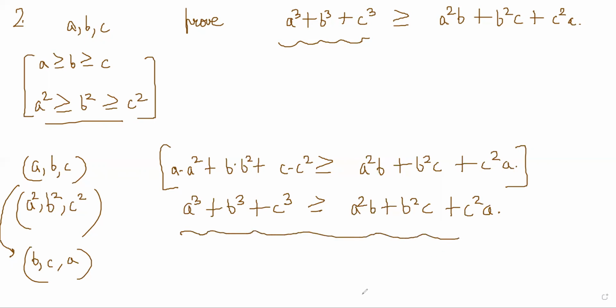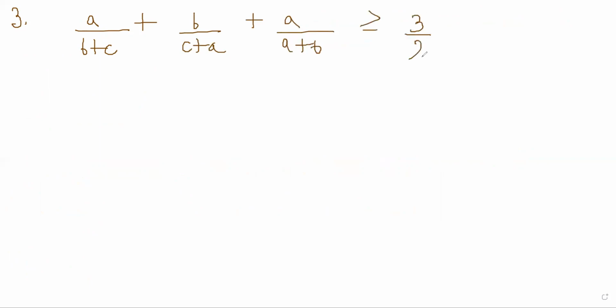Let's see another couple of examples on rearrangement. For example, we can prove Nesbitt's inequality through rearrangement as well. So if you have this, we have to prove that this is greater than or equal to 3 by 2. Again, since this is a symmetric function, I can assume that A is greater than or equal to B is greater than or equal to C, right?